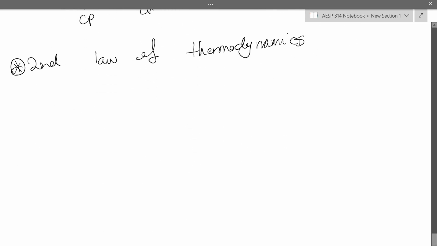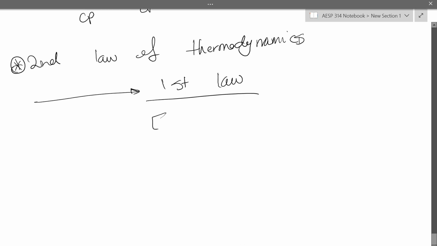Okay, second law of thermodynamics. Before doing the second law, let's remind everyone of what the first law was. What was the first law of thermodynamics? Energy is conserved, right?